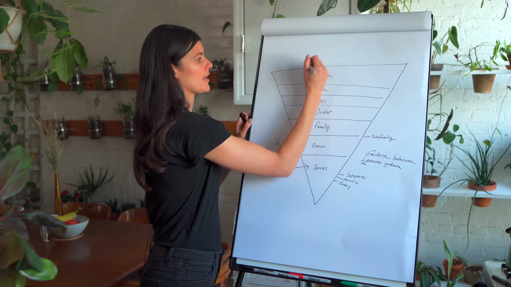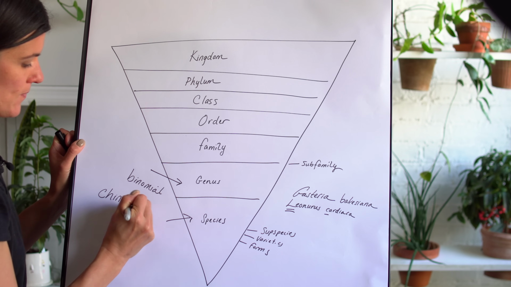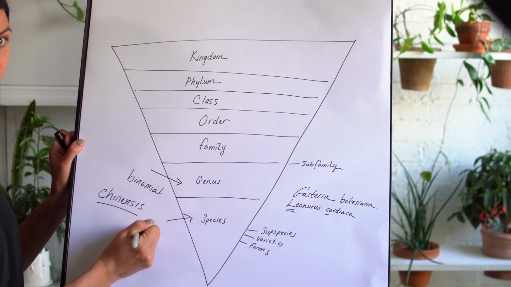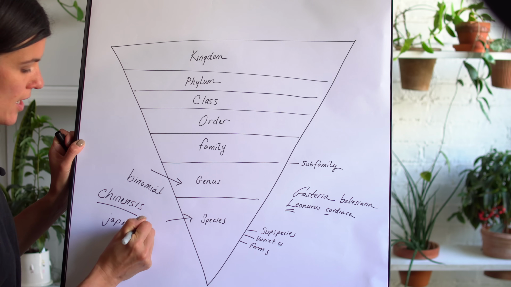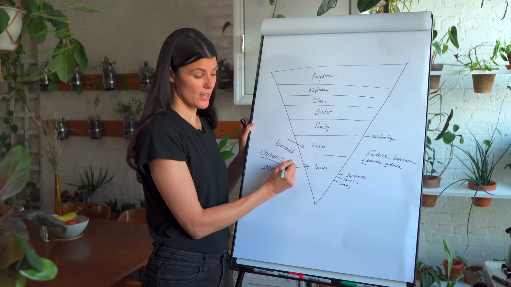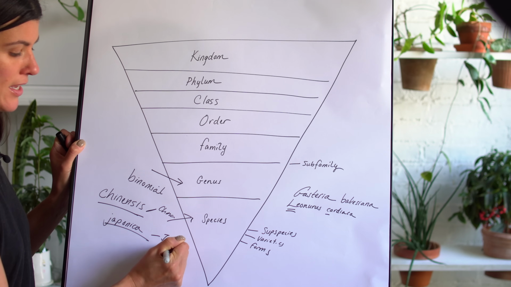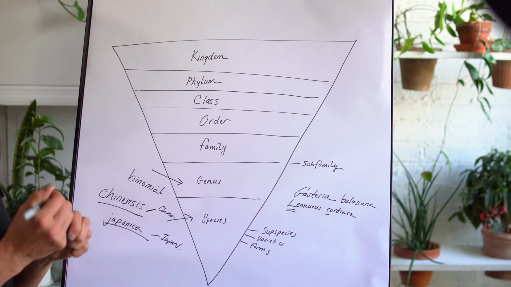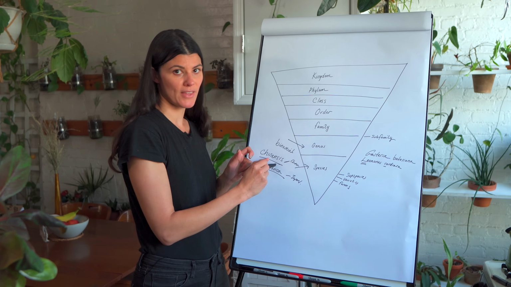So something like, I'm running out of paper here, chinensis or japonica. If you look at this, it was related to China, and this is related to Japan. And so then you could tell, well, maybe that plant is from that area.